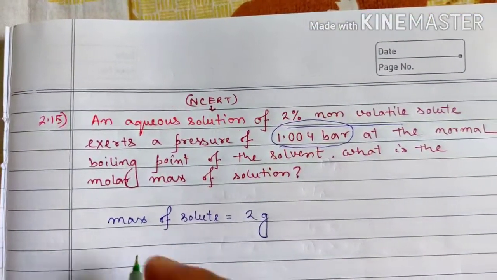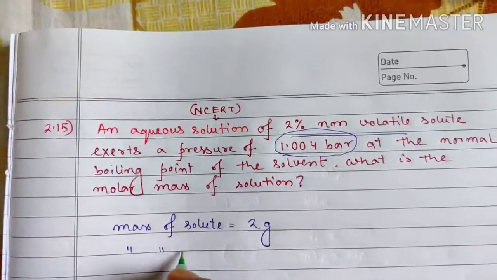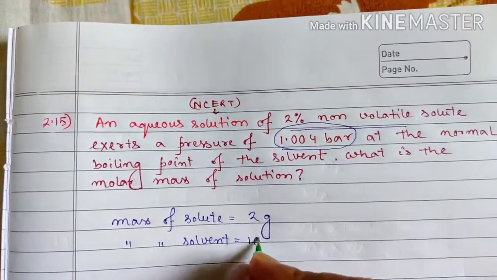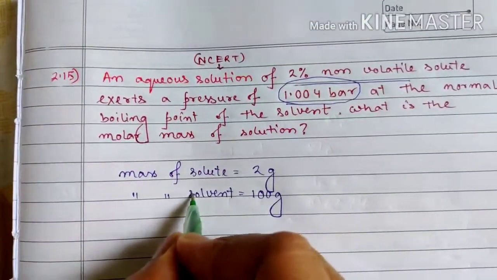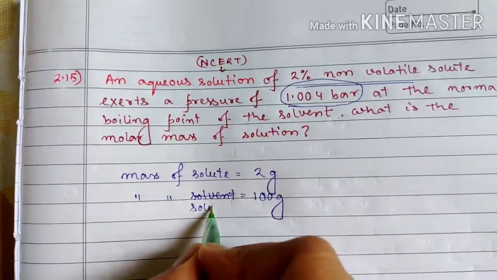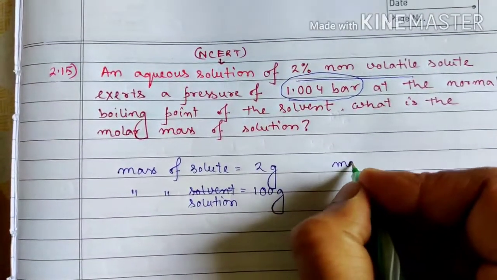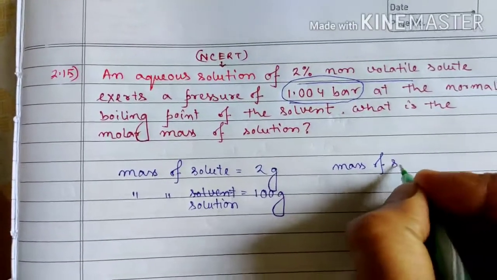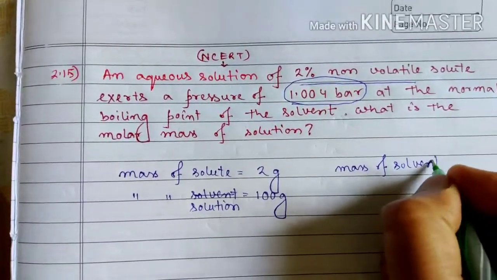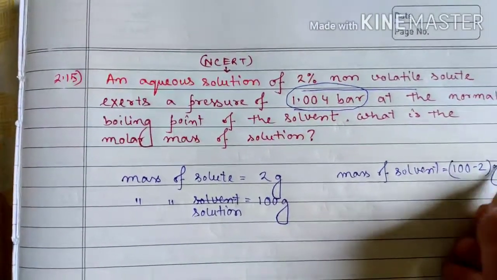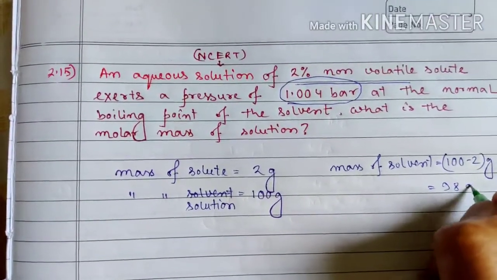And 2% means the mass of solution should be 100 gram. So mass of solvent should be 100 minus 2 gram, which is 98 gram.